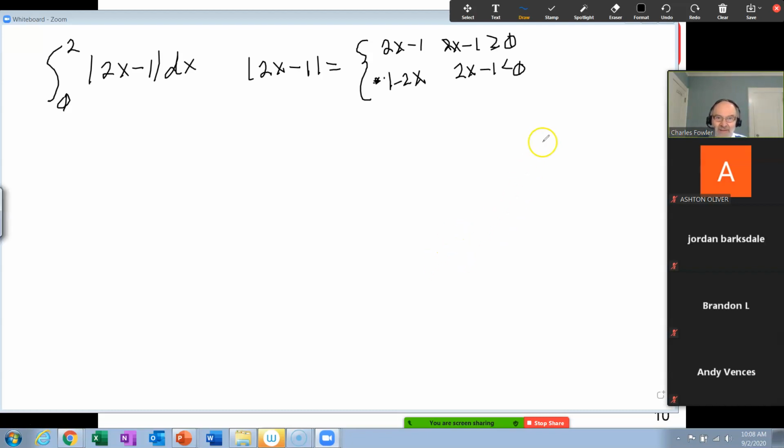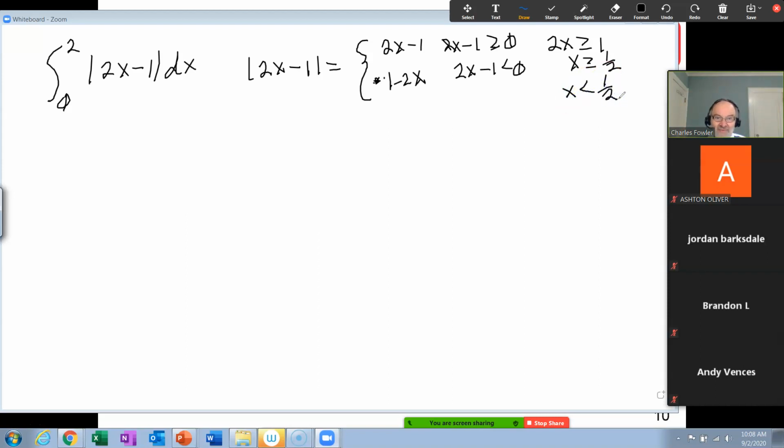Now, what makes more sense is to solve these inequalities here. So let's add 1 to both sides, and you get 2x is greater than or equal to 1. So that means x is greater than or equal to 1/2. And this one does the same way. It would be x is less than 1/2.